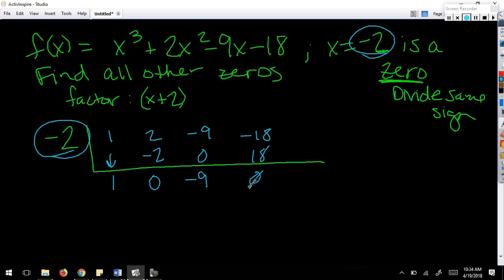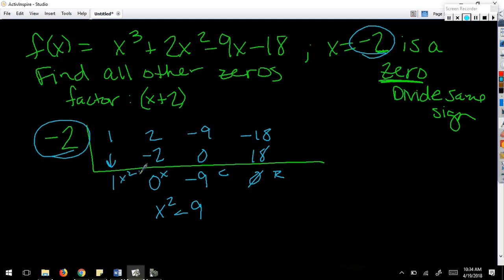All steps the same. Interpret the answer. So that'd be x squared plus 0x minus 9. I'm interpreting this. Remember, this is remainder, constant, x squared.